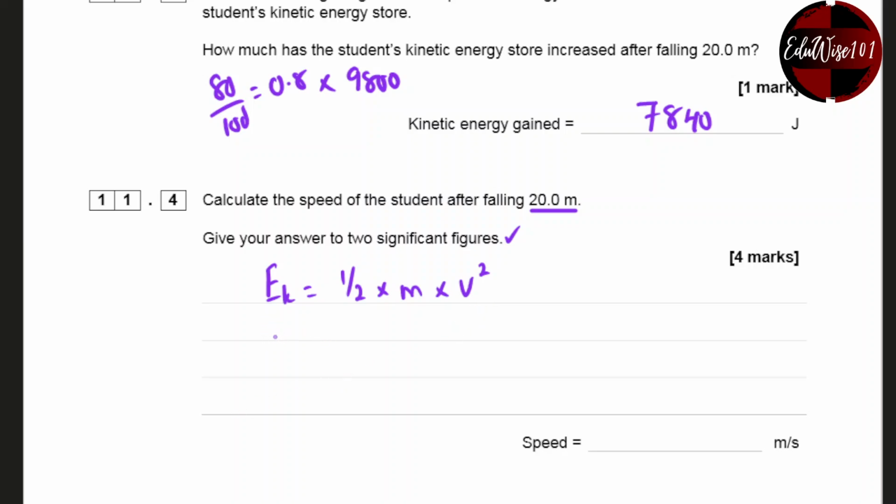So we are going to use the kinetic energy, which is 7,840 equals 0.5 times 50, which would give 25 times v squared.